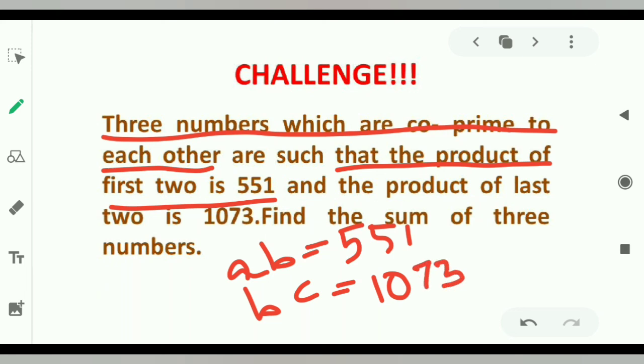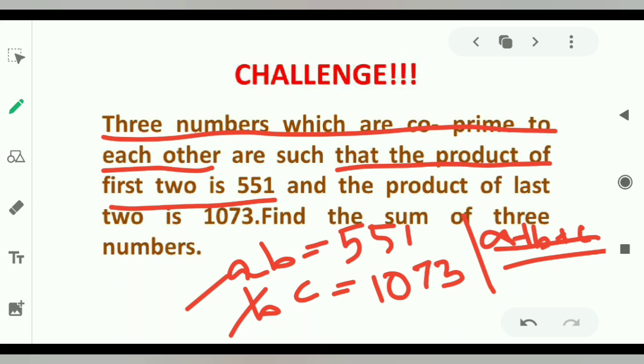We have to find the sum of the three numbers, A plus B plus C. Hope using these equations and the property, you will solve this problem very easily.